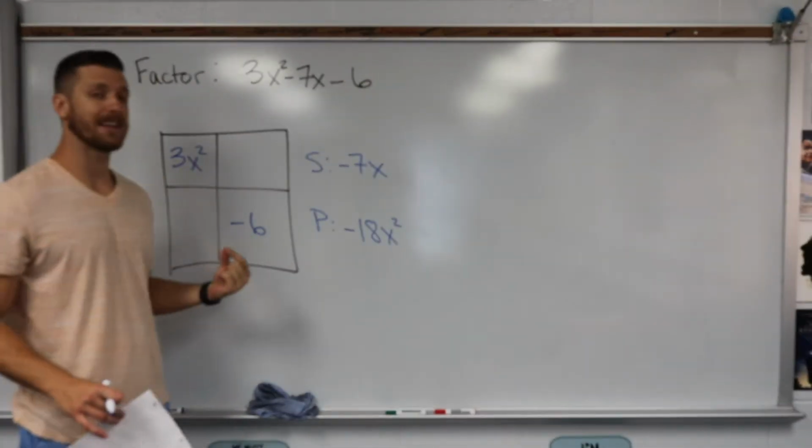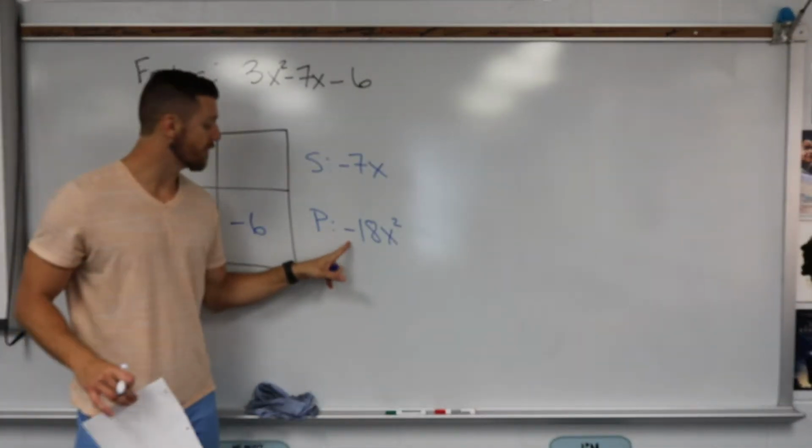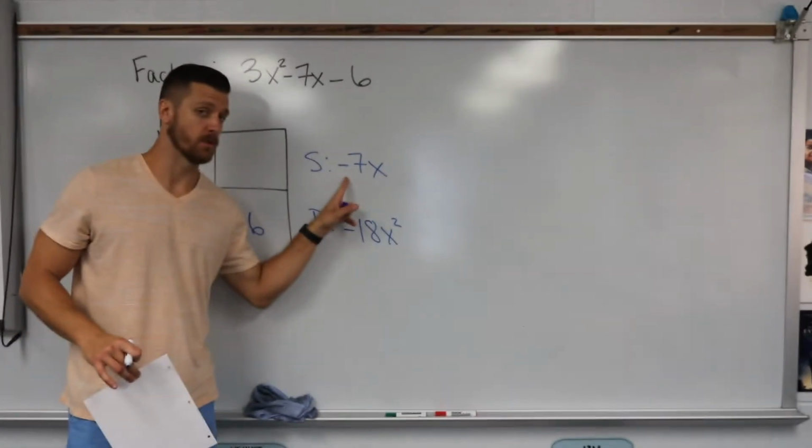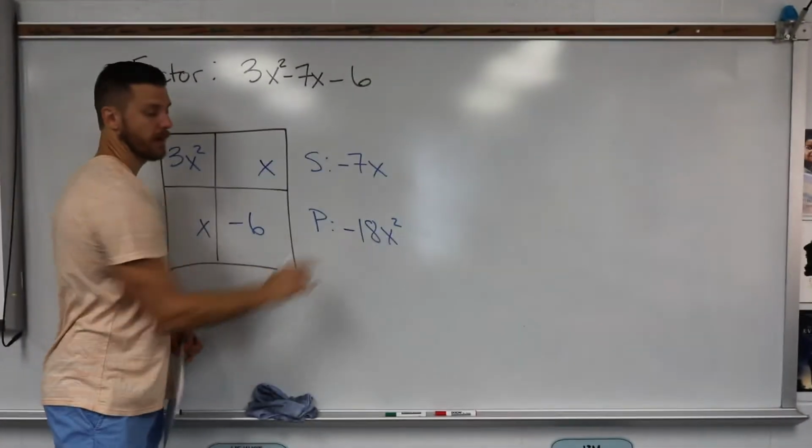You need to find 2 terms that when you multiply together will give you negative 18x squared, but will add to a negative 7x. Well, let's just think about this here. We know both terms are going to have an x, because when you add them together, they have to have an x. When you multiply them together, they're going to have an x squared. So let's just concentrate on the numbers here.